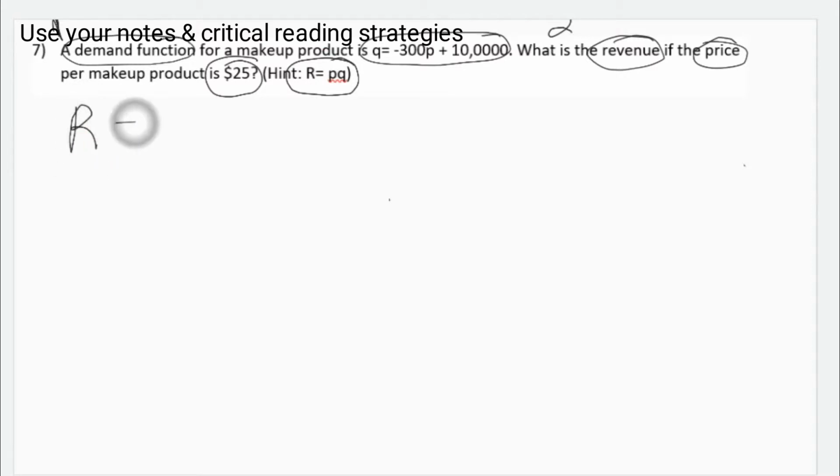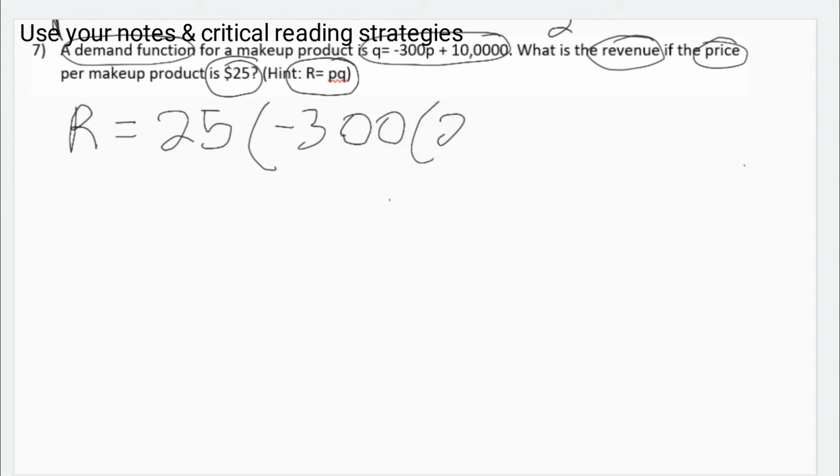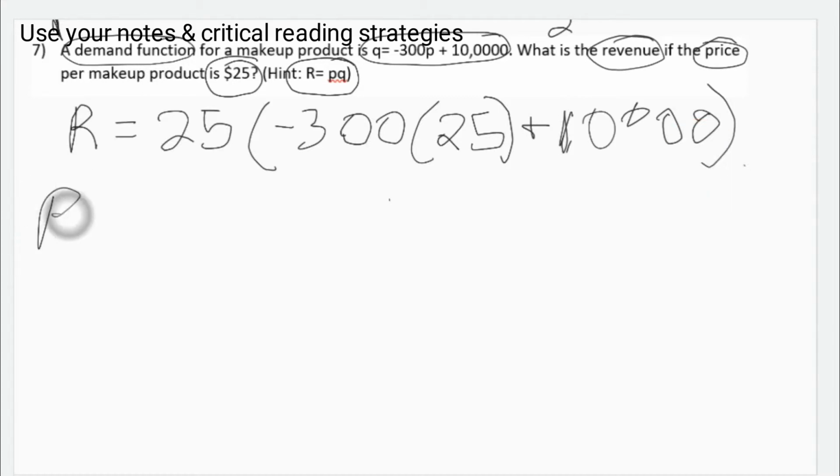So revenue is equal to the price of 25 times negative 300 times 25 plus 10,000. We're going to put that all in the calculator.